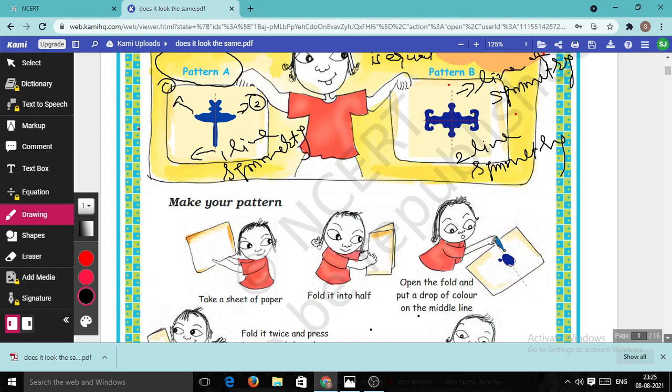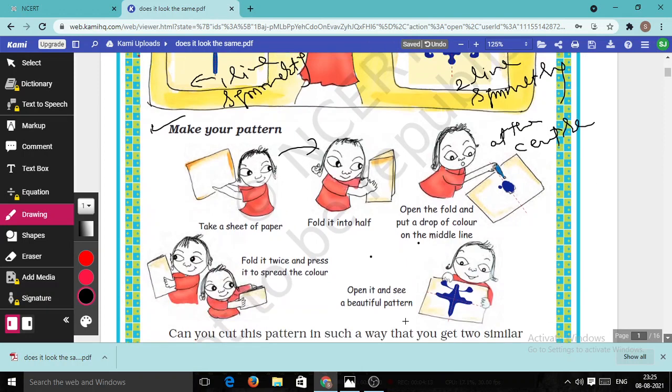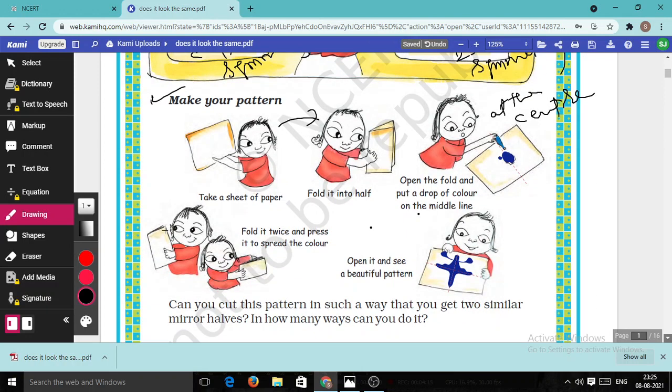Make your pattern. Take a sheet of paper like this, fold it into half in the second step, then put a drop at the center, and press the sheet of paper like this.